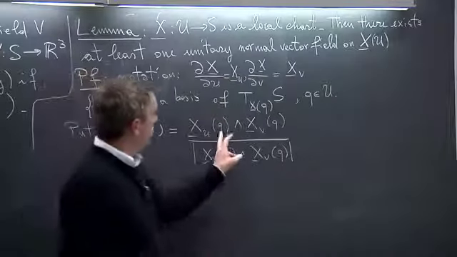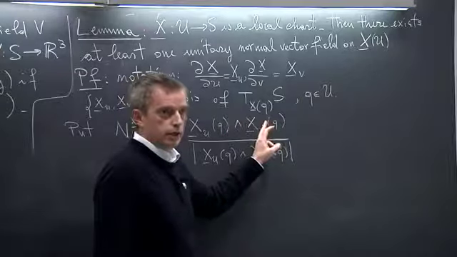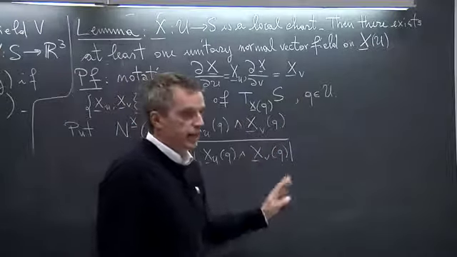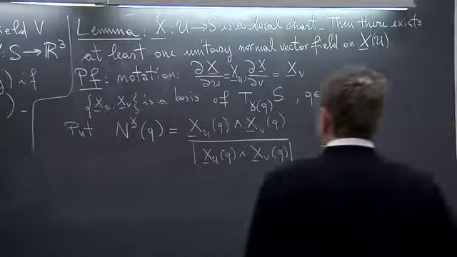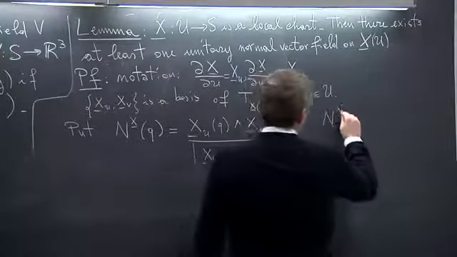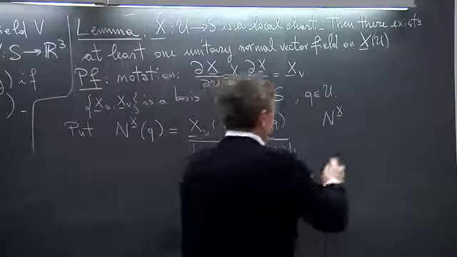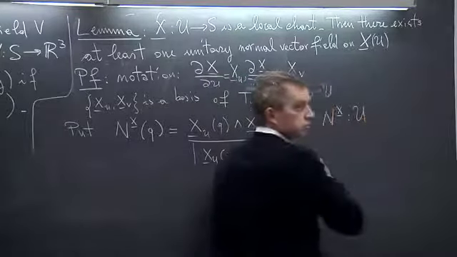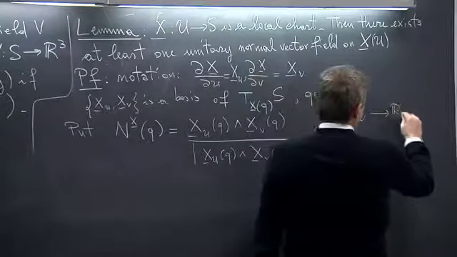I know that this vector is non-zero because this is a basis. So I'm dividing by something which is certainly not zero, and this is a basis. So where is this map going? So Nx, written in this form, is a map from U, takes a point on the domain of the chart, to R3.